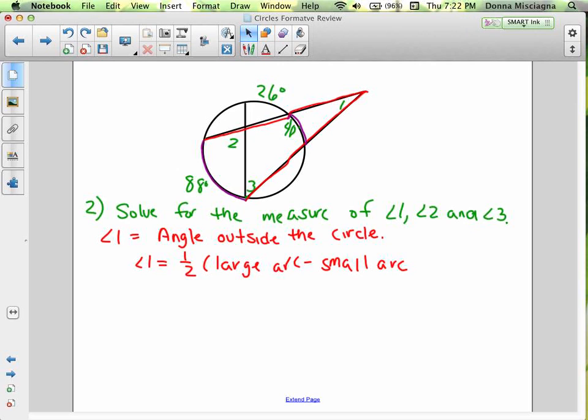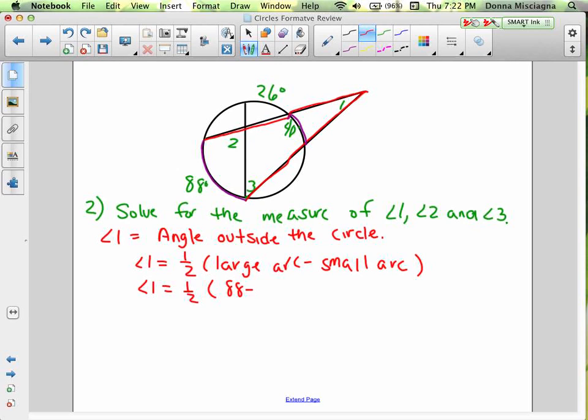Now obviously the large arc is the one that's farther away and has a larger measure, and the small arc is closer to the angle and it has a smaller measure. So angle 1 is equal to 1/2. The large arc is 88, the small arc is 40. So angle 1 is 1/2 of 44, or 22 degrees.